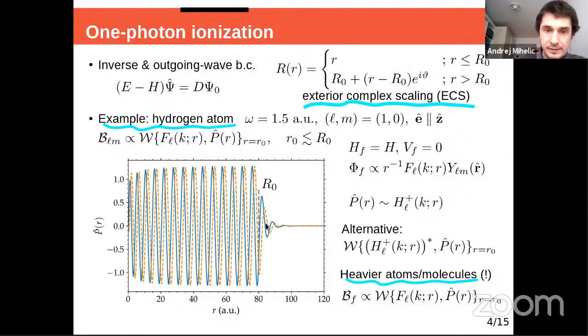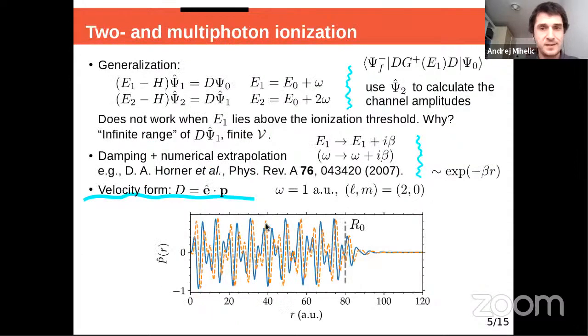Now, is there a way to generalize this approach to two or more photons? One would think that that kind of approach should be easily extensible, generalized to, let's say, 2 photon absorption. So we just complement the equation we have used, the driven equation for the first order solution, with an additional step.